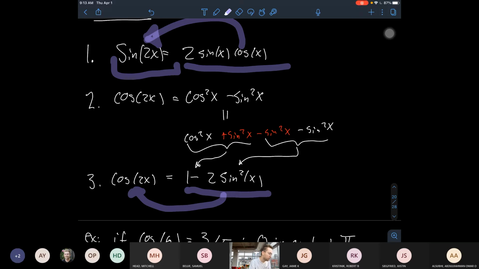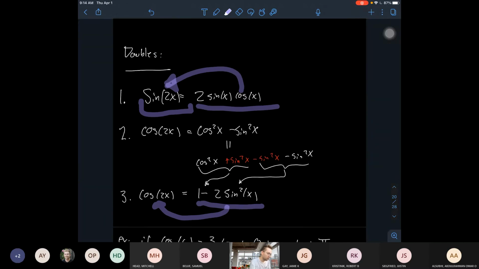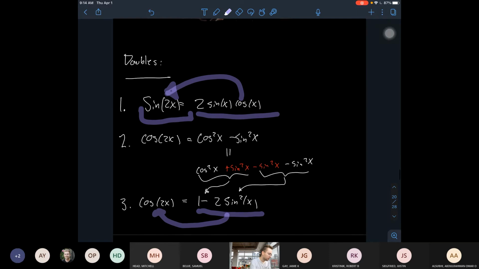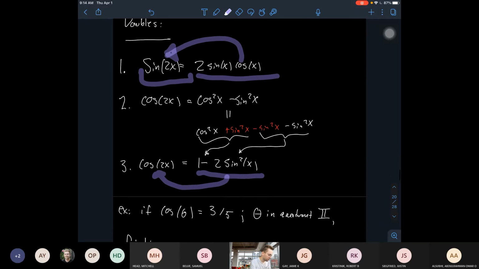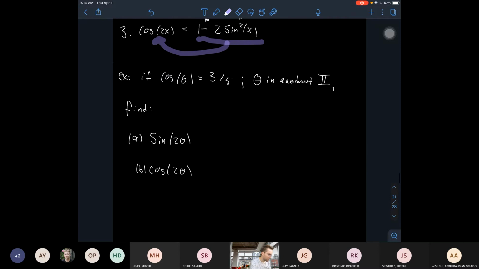This is the really useful property about these identities. These ones are called double angle formulas.